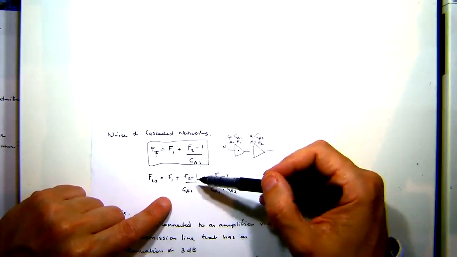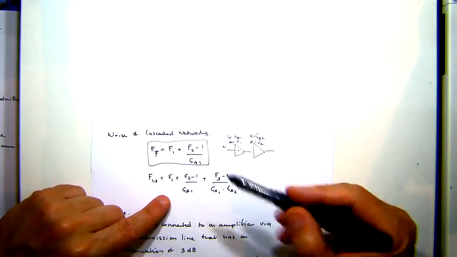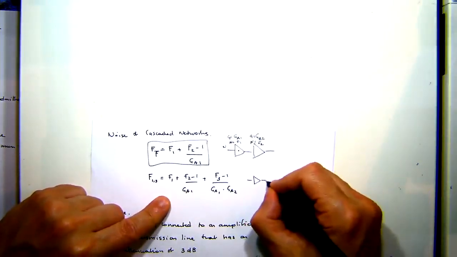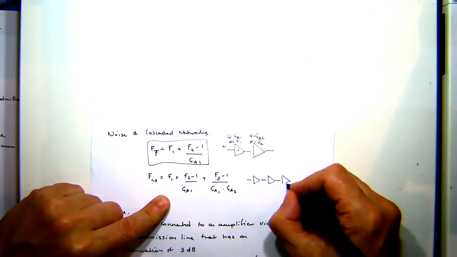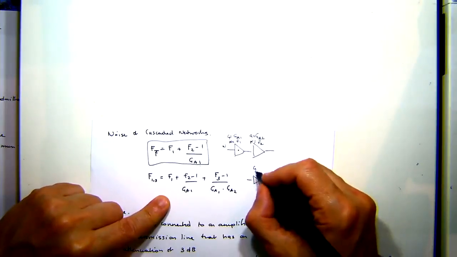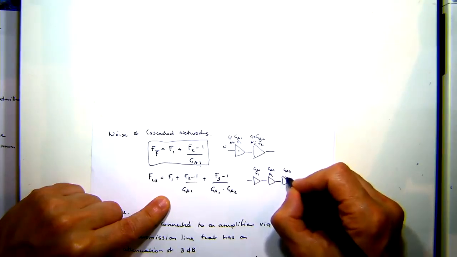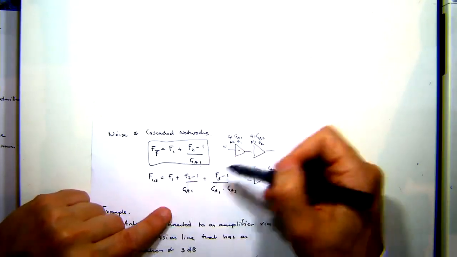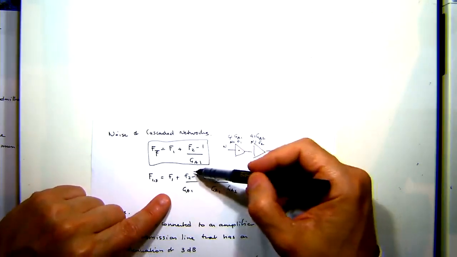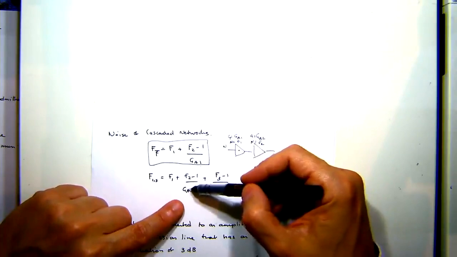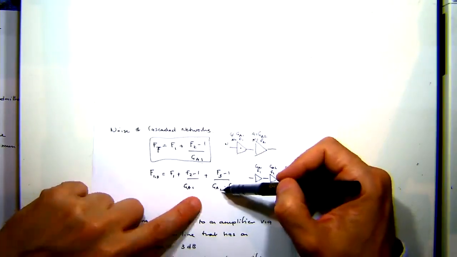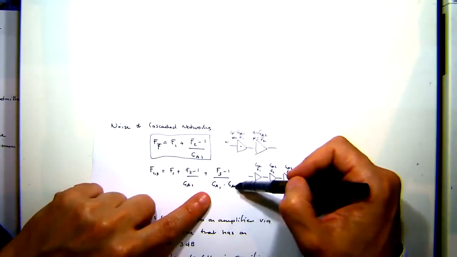What you're able to show is if you had, for example, 3 components and they had gain A1, noise figure F1, gain A2, F2, gain A3, F3, that the total noise figure goes as F1, plus (F2 minus 1) on gain of element 1, plus (F3 minus 1) on gain of A1 and A2.